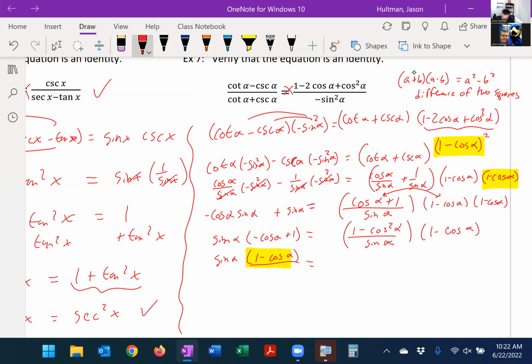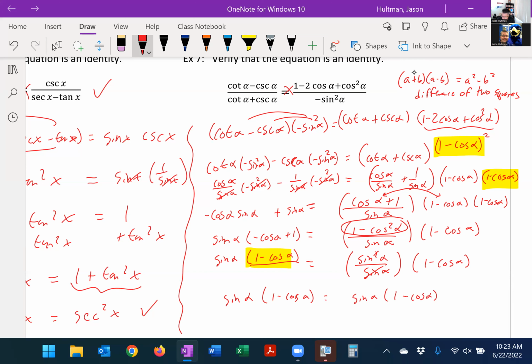Once again, from our Pythagorean identity, 1 minus cosine squared alpha is sine squared alpha. So this just becomes sine squared alpha over sine alpha times 1 minus cosine alpha. And so we get sine alpha times 1 minus cosine alpha. That equals, and then one of these sines is going to cancel, and I'm just left with sine alpha times 1 minus cosine alpha.